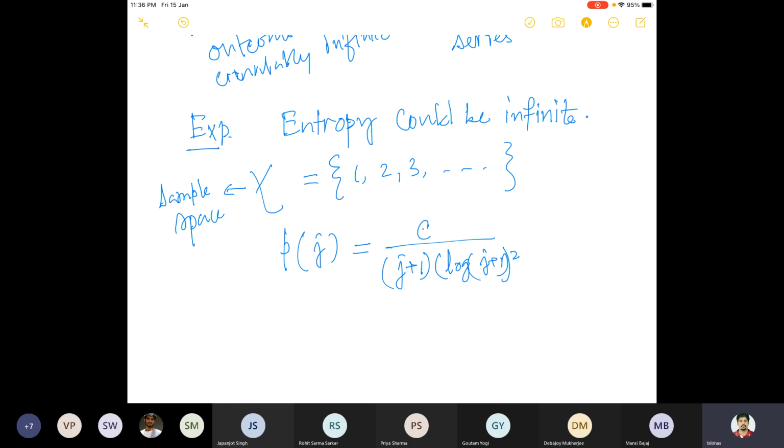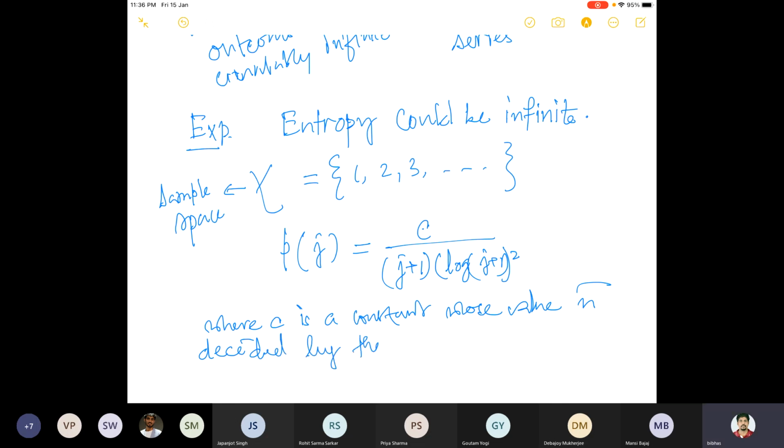The value of c is decided by the fact that this is a probability distribution. c is a constant whose value is decided by the condition sum of pj is equal to 1 for all j, so j equal to 1, 2, 3, and so on.